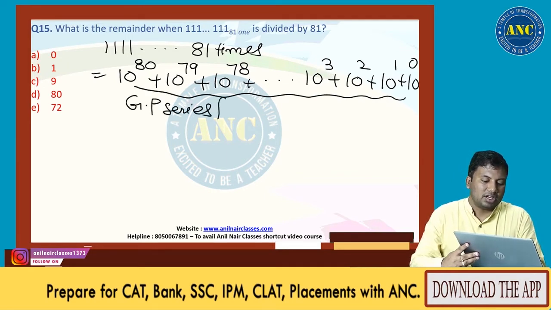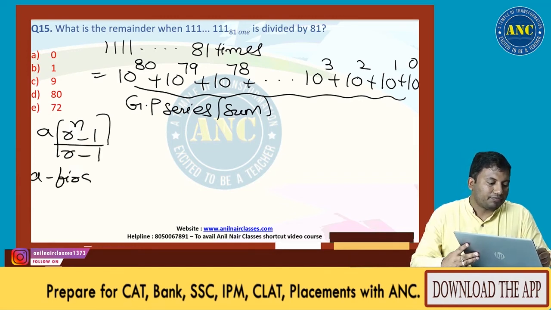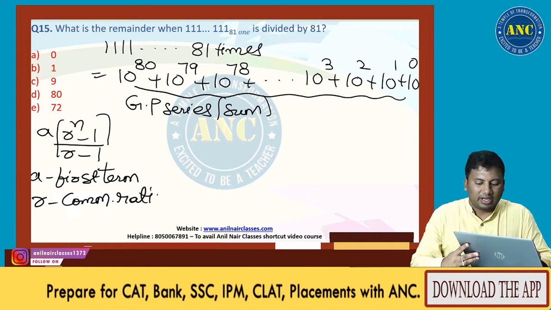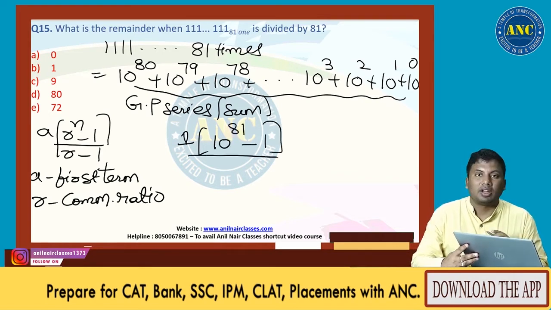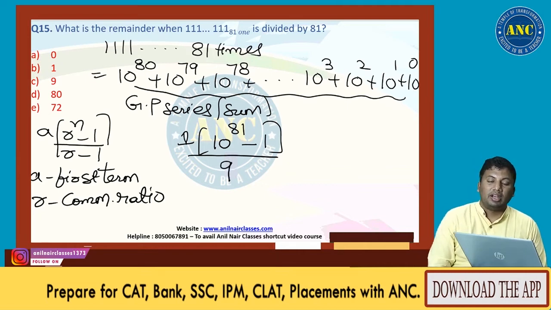GP sum is given by a into r power n minus 1 divided by r minus 1. A is the first term, R is the common ratio. If I take the first term as 10 power 0, which is 1, the ratio is 10, and totally 81 terms are there: 10 power 81 minus 1 divided by 10 minus 1, that is 9. So 10 power 81 minus 1 divided by 9.